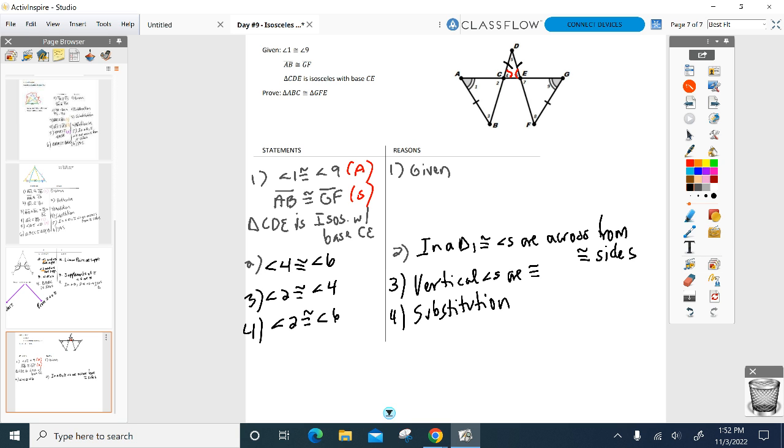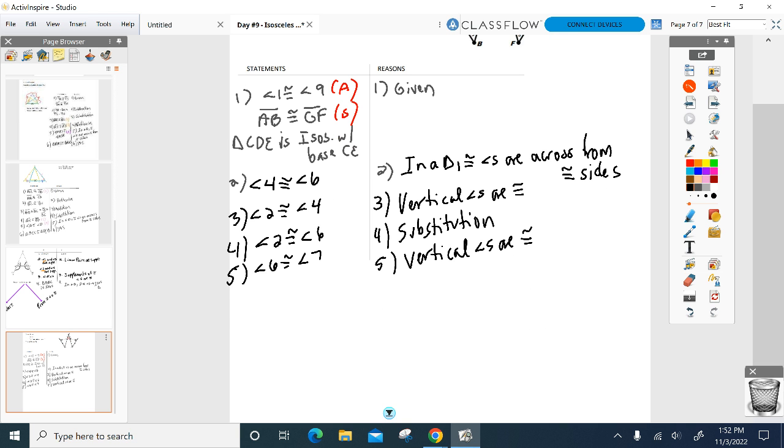So now what's the other pair of vertical angles? 6 and 7. And does everyone see the second substitution coming up here? 2 and 6 are equal. 6 and 7 are equal.